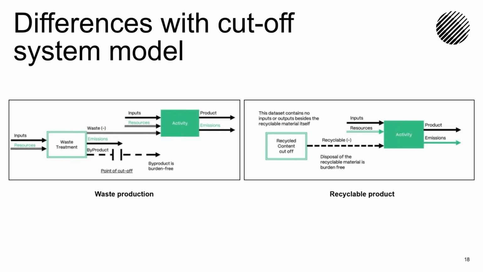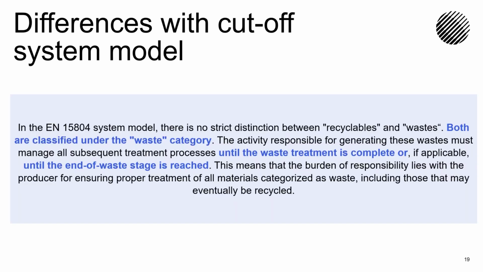While if this activity produces a waste, then the waste treatment is also the responsibility of the activity, following the polluter pays principle. In the EN15804, there is not a strict distinction between recyclable and waste. The moment we have an output flow that is not the reference product or a byproduct, this is classified as a waste category.